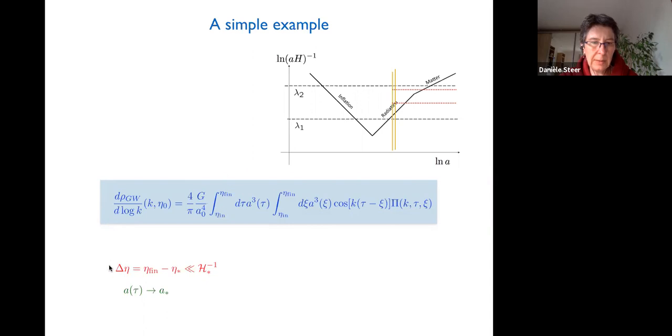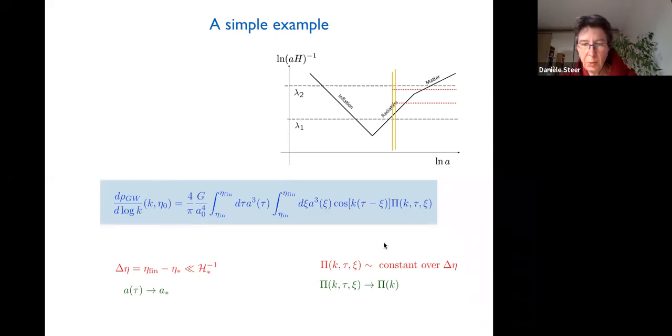And I'm going to assume that delta eta, so eta final minus eta initial, is very small, which means that A here, the scale factor, I can neglect the variation of the scale factor in this integral and just replace it by the scale factor at, let's say, eta initial. So then this term I can replace by A star times delta eta, and similarly for this term, A star times delta eta.